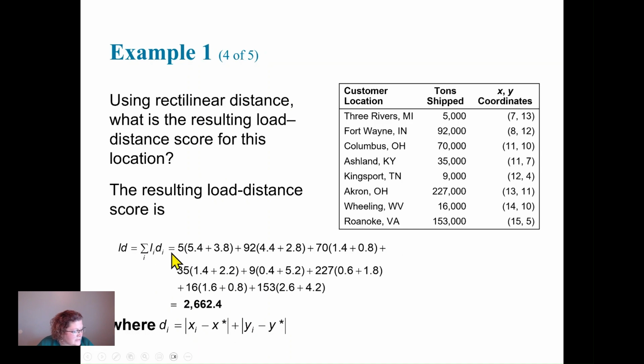So for our load distance score, the first term is what we just calculated, 5.4 plus 3.8, summed together, multiplied by tons shipped out of Three Rivers, Michigan. We'll do that for each and every customer location, calculating this distance, x and y distances added together, and then multiplied by the load for that customer location. Your total sum of these calculations is 2,662.